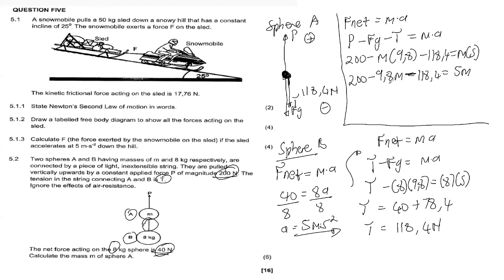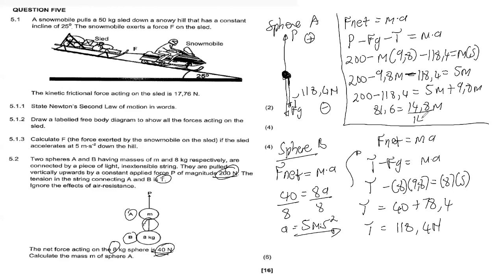Now we can say 200 minus 118.4. Then let's transpose the negative 9.8, that will be 5m plus 9.8m. Punching this into your calculator, you get 81.6, and adding these gives 14.8m.